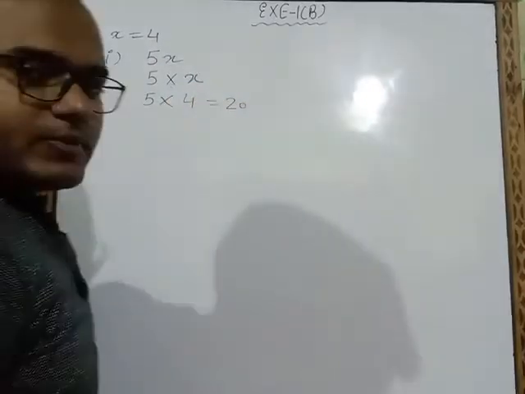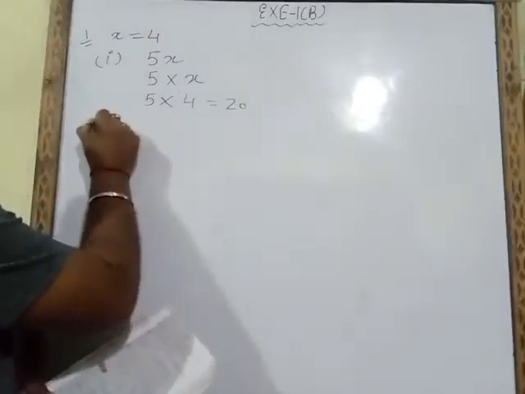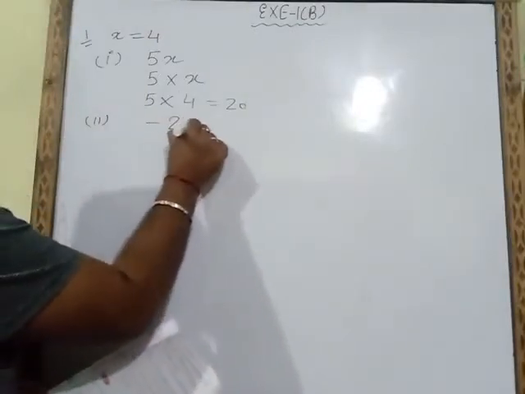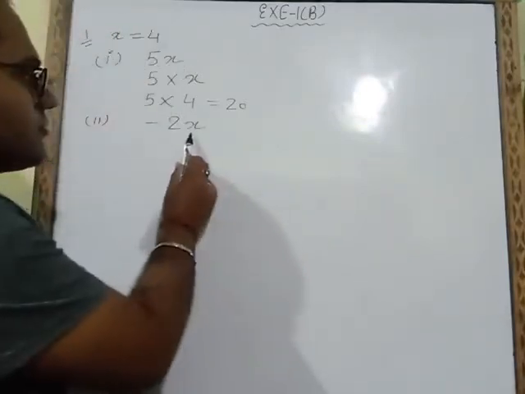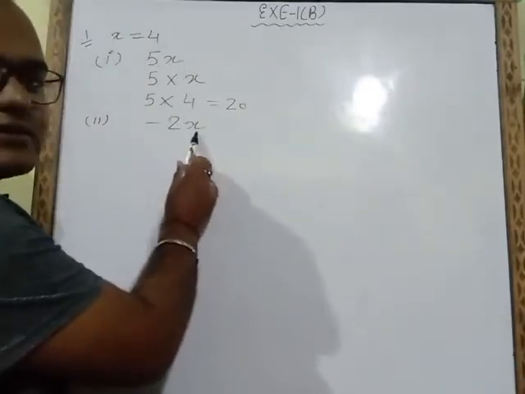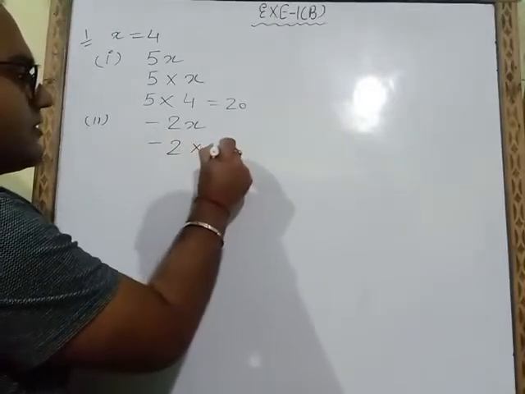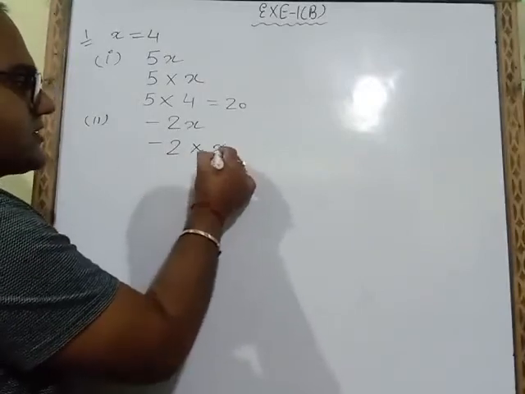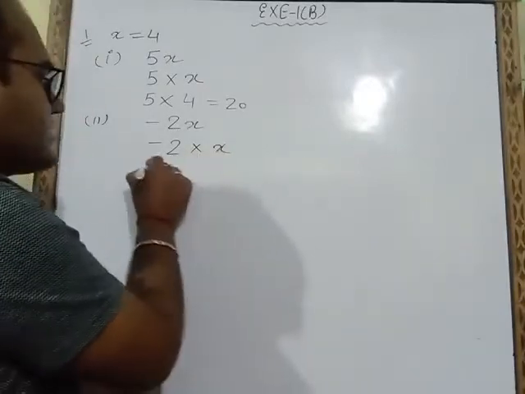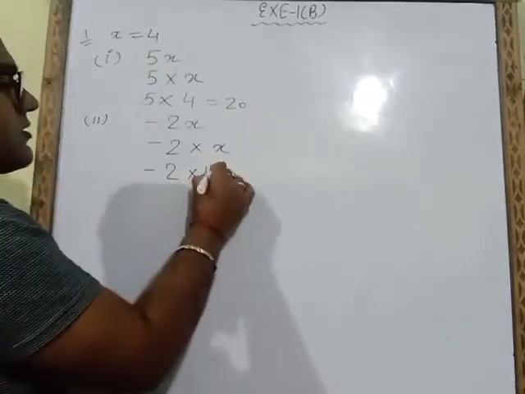answer is 20. See another part, number two, minus 2x. You have to find the value of minus 2x. Between minus 2 and x no sign is there, so we will put a multiply sign between minus 2 and x. Now minus 2 multiply x value, which is 4.